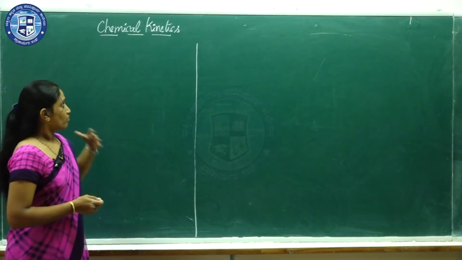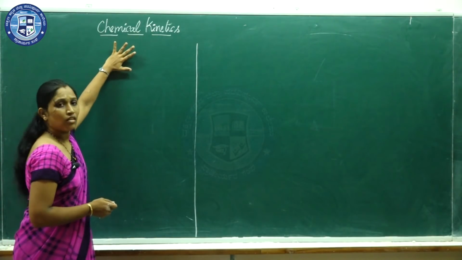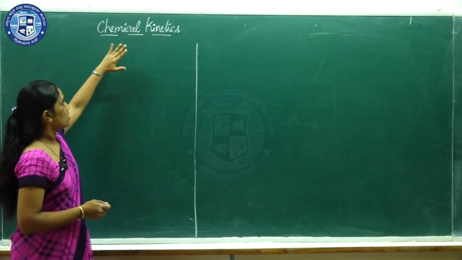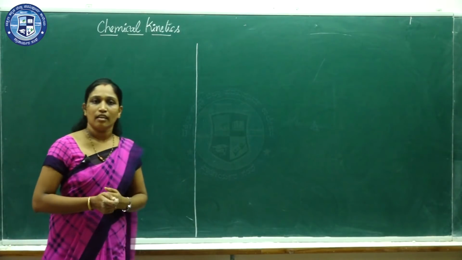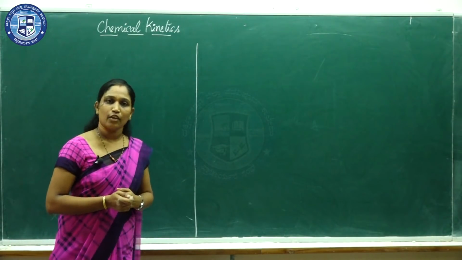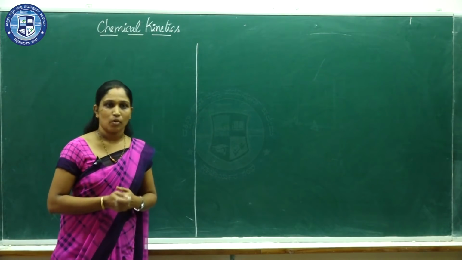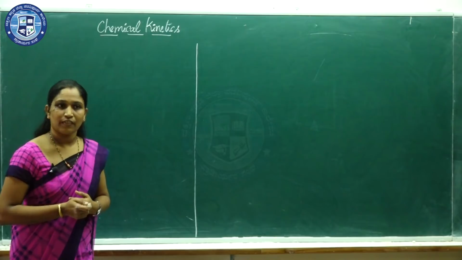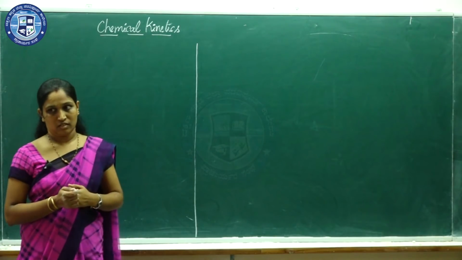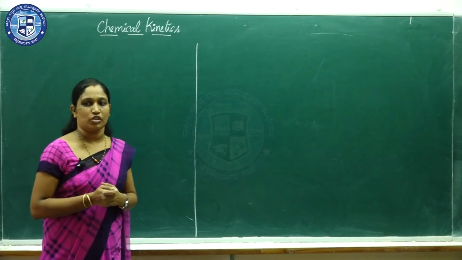Now we will first derive the integrated rate equation for the zero order reaction, then we will go for the first order reaction. As you know, the integrated rate equations will be different for reactions of different orders.